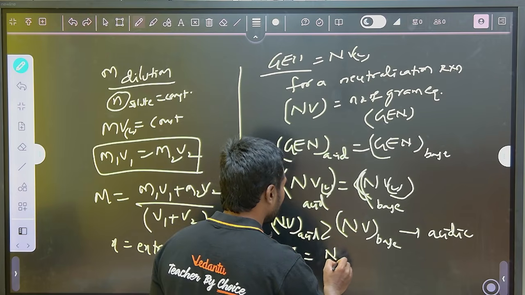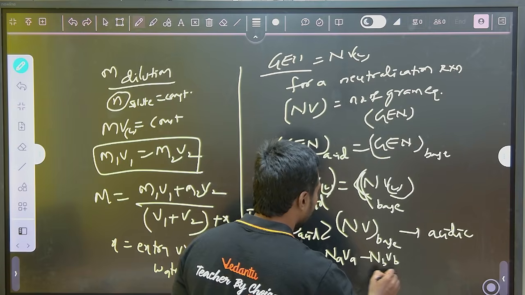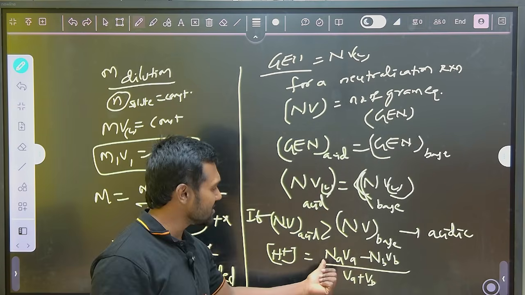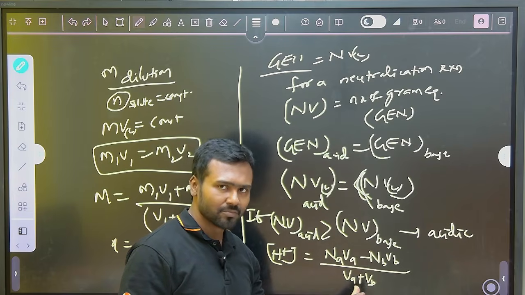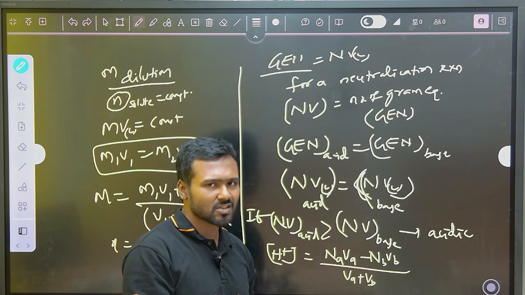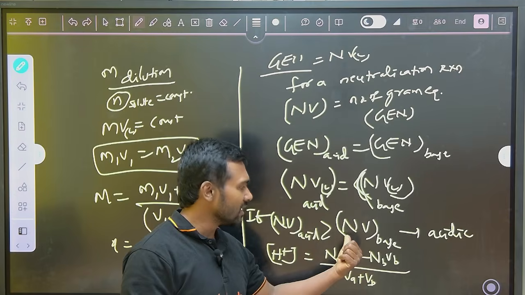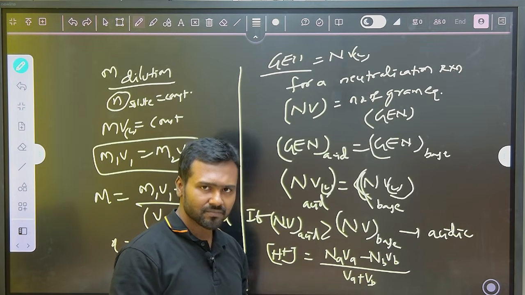So NaVa, where a means acid, and NbVb, where b means base, divided by Va plus Vb. That is, number of gram equivalents of acid minus number of gram equivalents of base by total volume. Then you will get the H plus ion concentration, and then you can find the pH of the solution when gram equivalents of acid is greater than that of base.